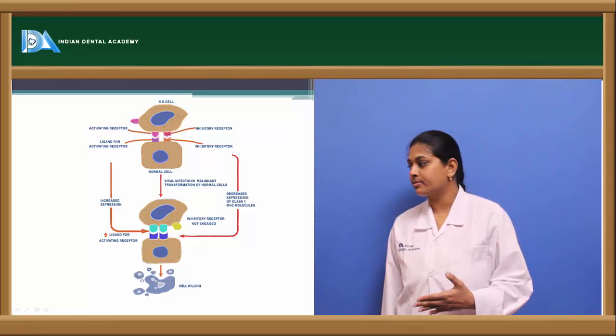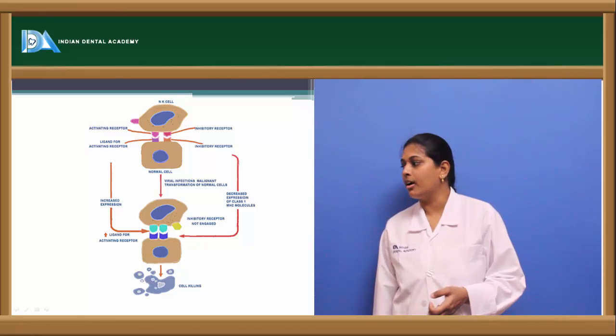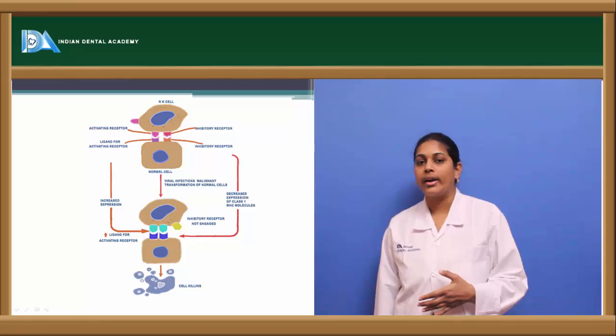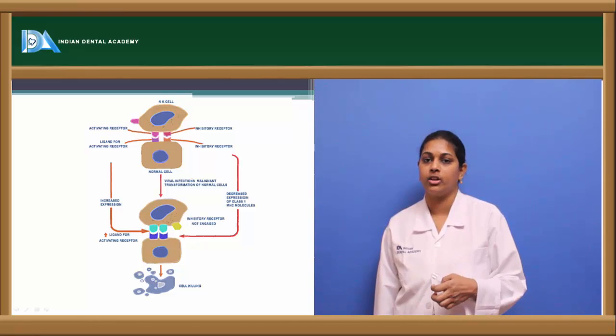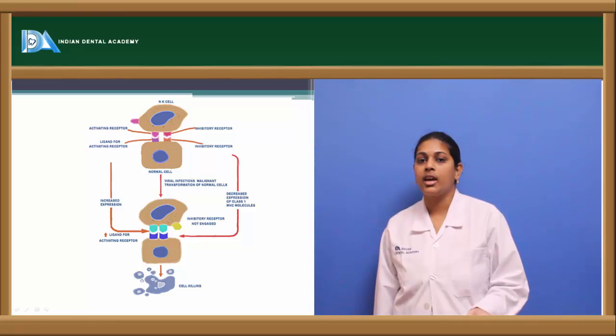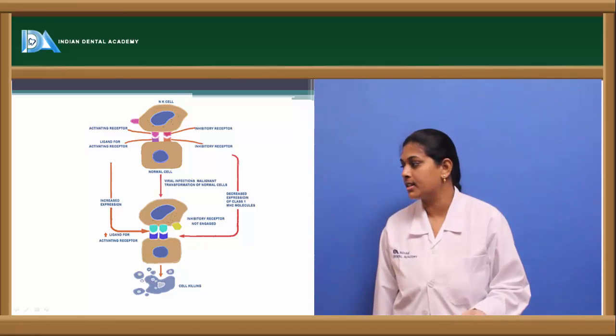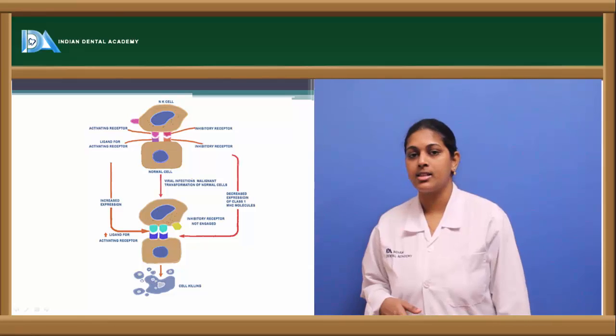Then the receptors start showing their effect based on which has the predominant effect. If it is an inhibitory receptor, it stops further progression. If it is an activating receptor, it progresses the attachment of the antigen to the antibody and causes further degradation of this complex, and therefore results in cell killing.